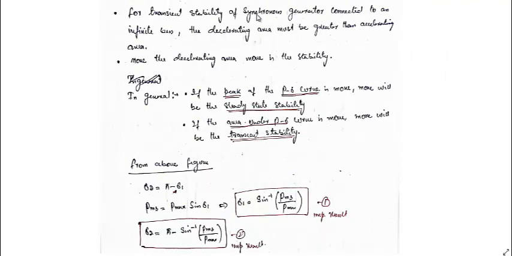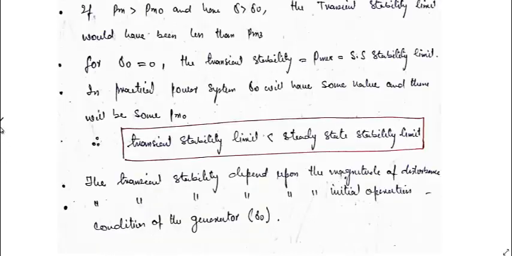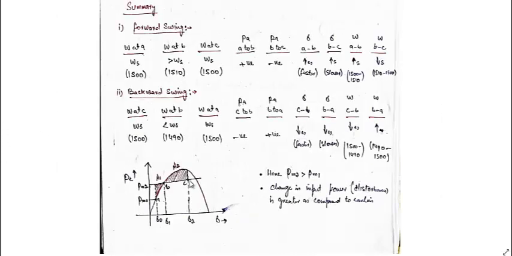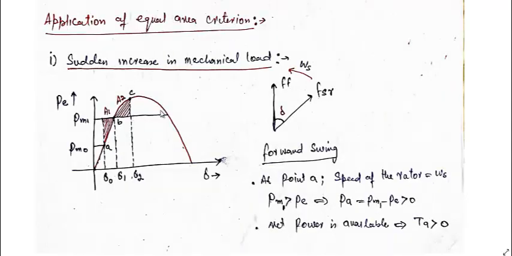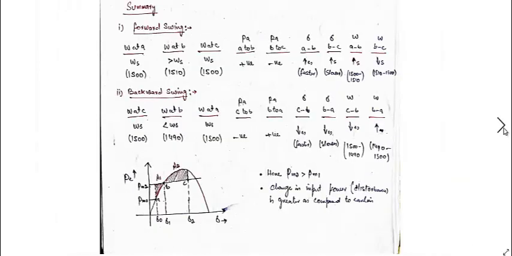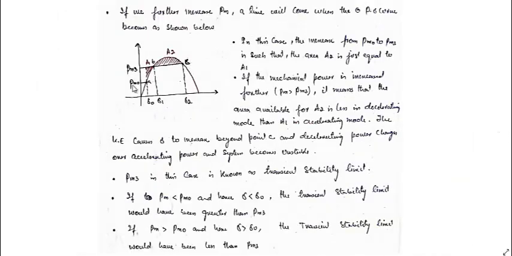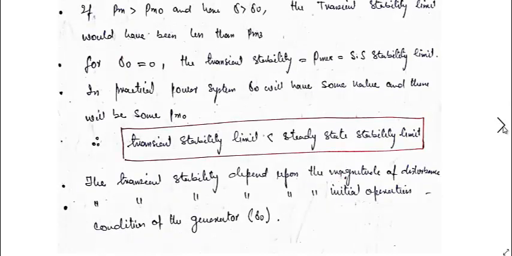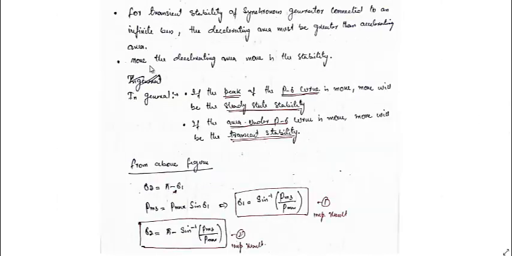Now, for transient stability of a synchronous machine connected to an infinite bus, the decelerating area must be greater than the accelerating area. We have just seen it from here. Here, the decelerating area is more than the accelerating area. Here also the decelerating area is more than the accelerating area. But here, for the limit, definitely they should be equal. The more the decelerating area, the more is the stability.